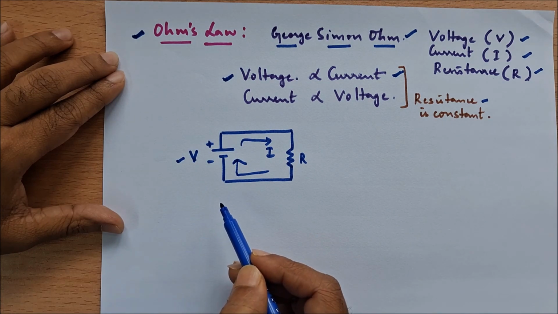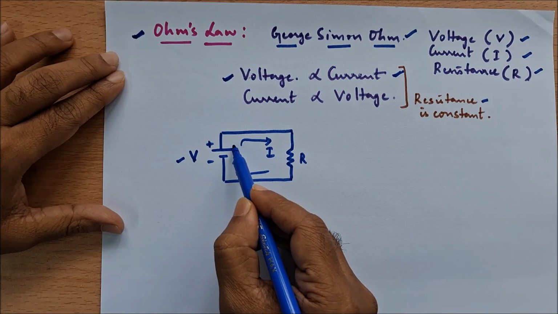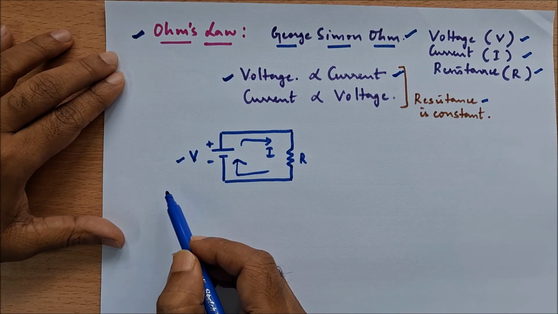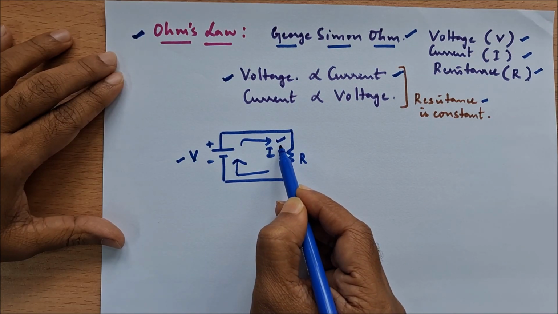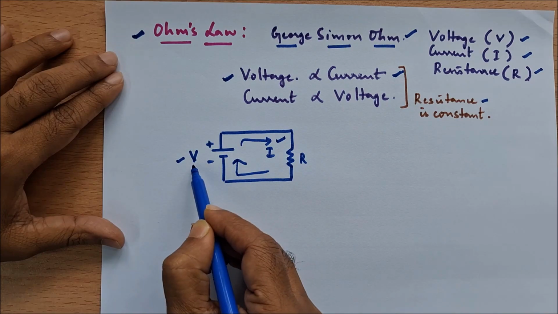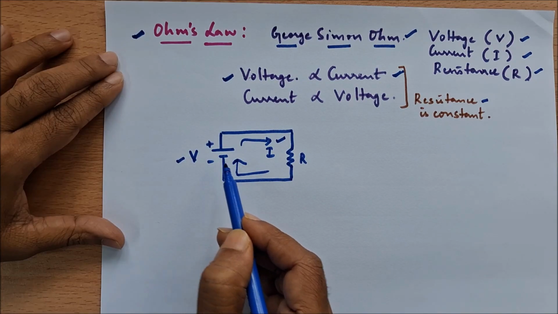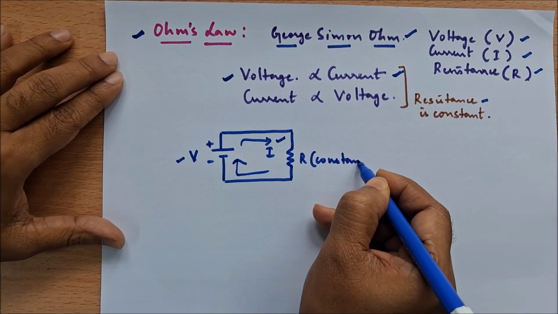But we usually follow the conventional rule, which says the current I flows from the positive terminal to the negative terminal. Now the point is, the current that flows through this circuit is directly proportional to the voltage applied between these two terminals, provided the resistance R is held constant.